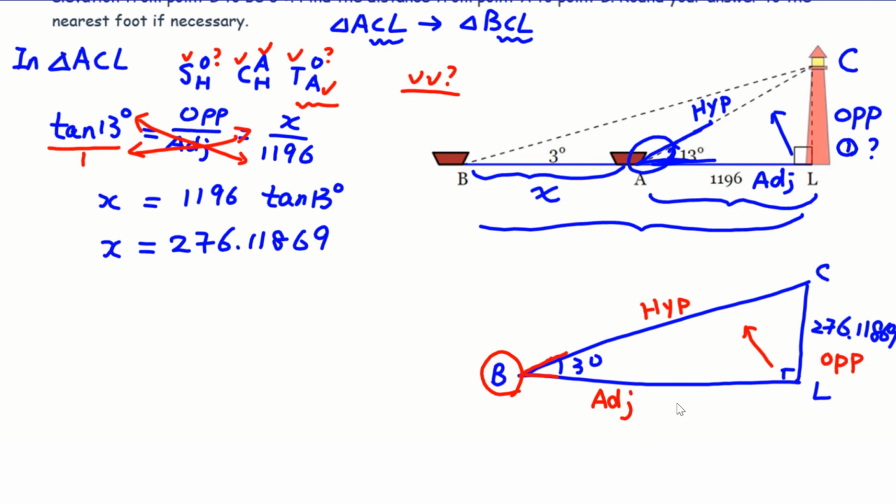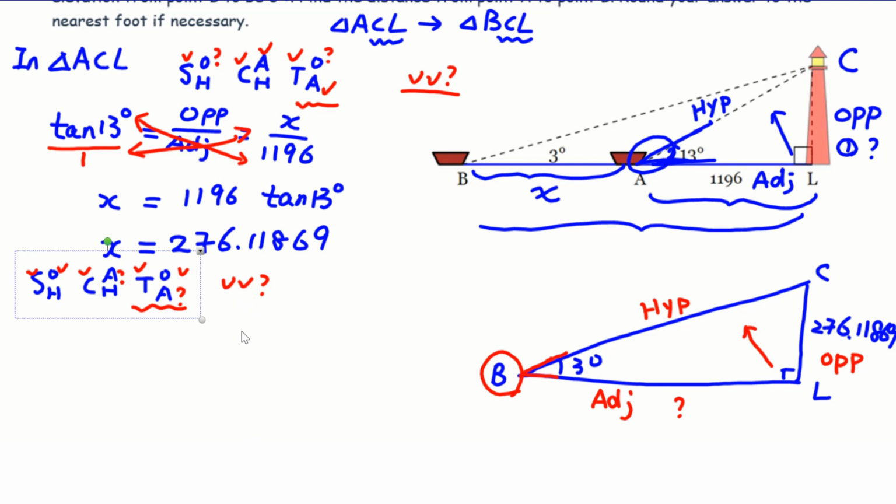So this time we want to find adjacent. Then we see SOH CAH TOA, which one we are going to use. The angle is given, so all the sine, cosine, tangent are given. Then opposite is given, and we want to find adjacent. So only one ratio has 2 given, 1 unknown.